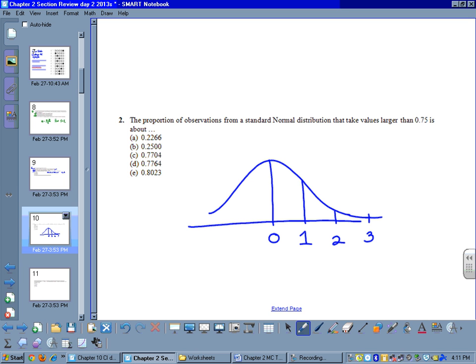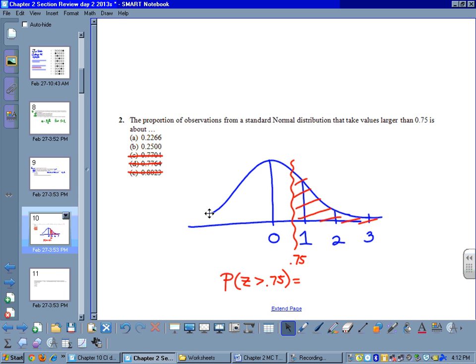So if we have a value larger than 0.75, 0.75 is going to come down in here somewhere, and we're looking for this proportion. We know it has to be slightly bigger than 16 but less than a half, so we can cross out C, D, and E, and we can go look up the probability that a z-score is bigger than 0.75.